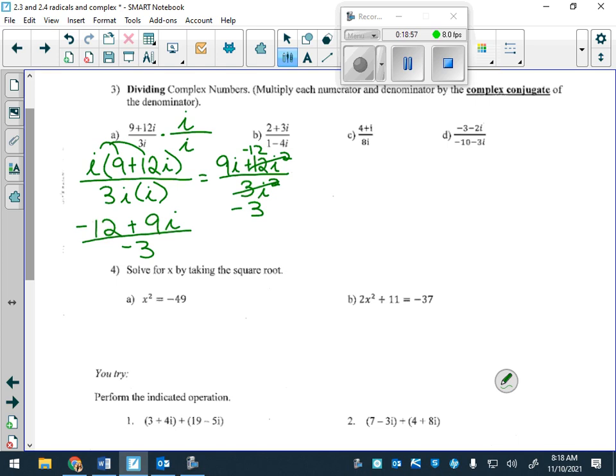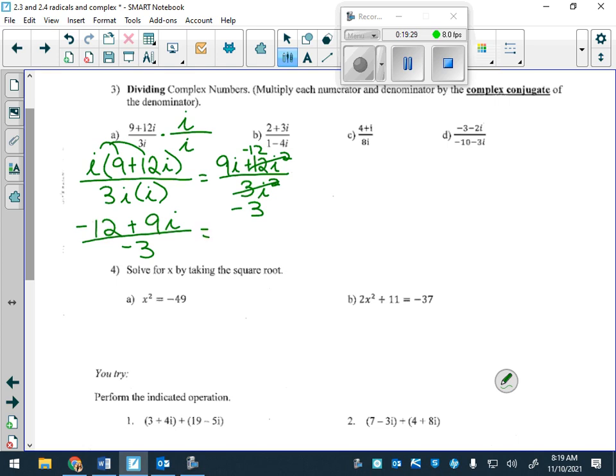This obviously can be taken one step further. What do you guys notice? And 9. So that's a key point. Your denominator can only be simplified if 12 and 9, these two numbers, can be divisible by it.